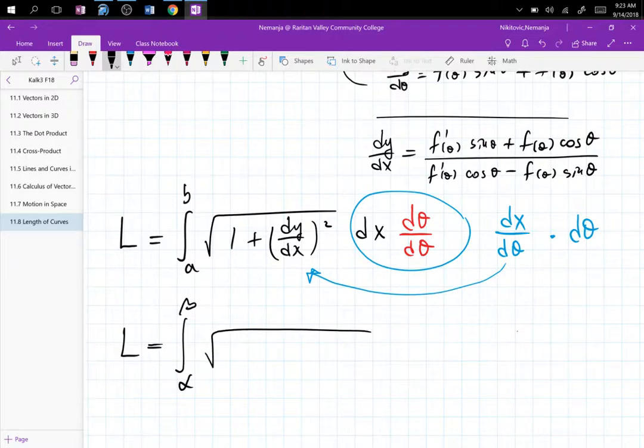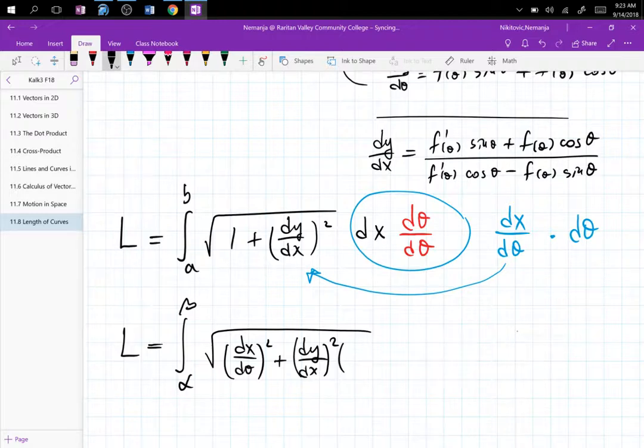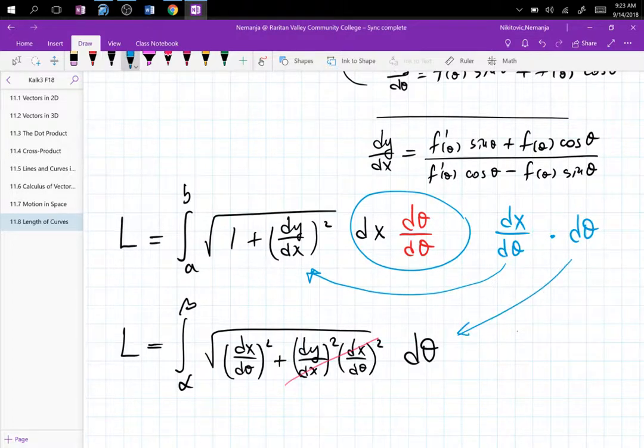Inside, we have our (dx d theta) squared plus (dy d theta) squared, and we have this d theta at the end.